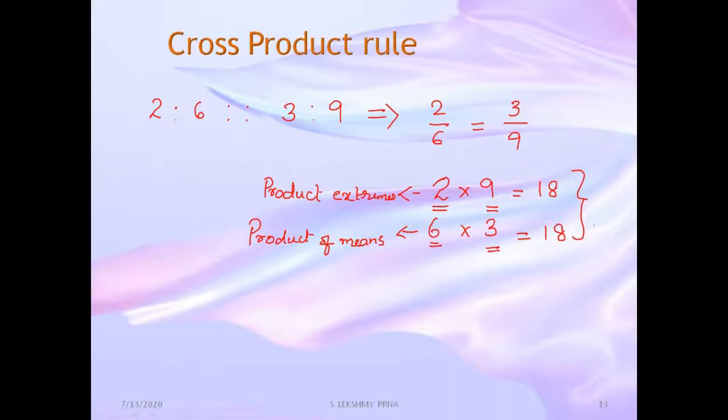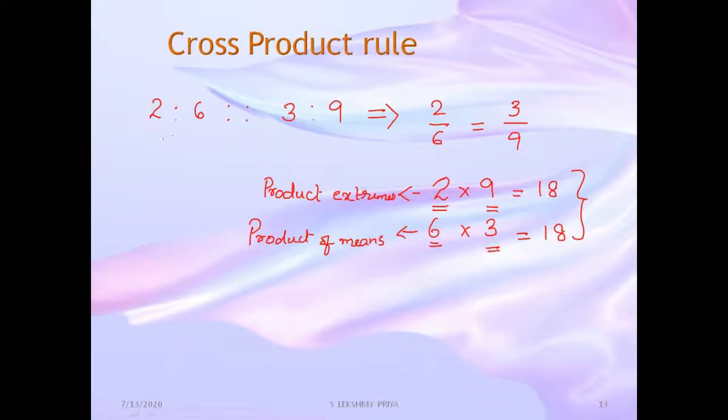You can see that for an equivalent fraction here, when we multiply the numerator of the first fraction with the denominator of the second fraction, it will be same as the product of denominator of the first fraction with the numerator of the second fraction, and hence we say these two fractions are equivalent.